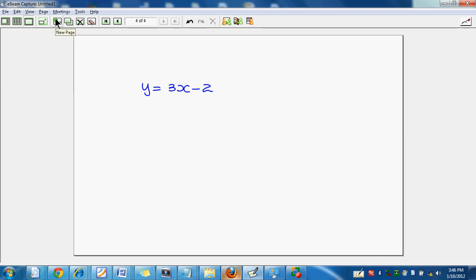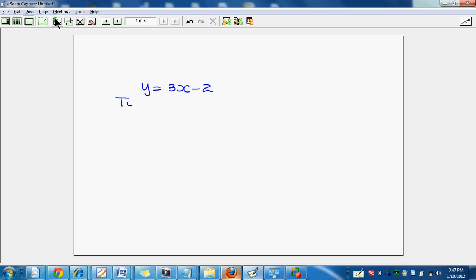Now, in order to sketch a graph of a straight line, all you need is 2 points. And the easiest 2 points to find are the intercepts. And I just told you how to find the intercepts, right? So we'll simply find those 2 intercepts and draw a line through those 2, and that's your sketch. Okay? So we'll find the x-intercept first.